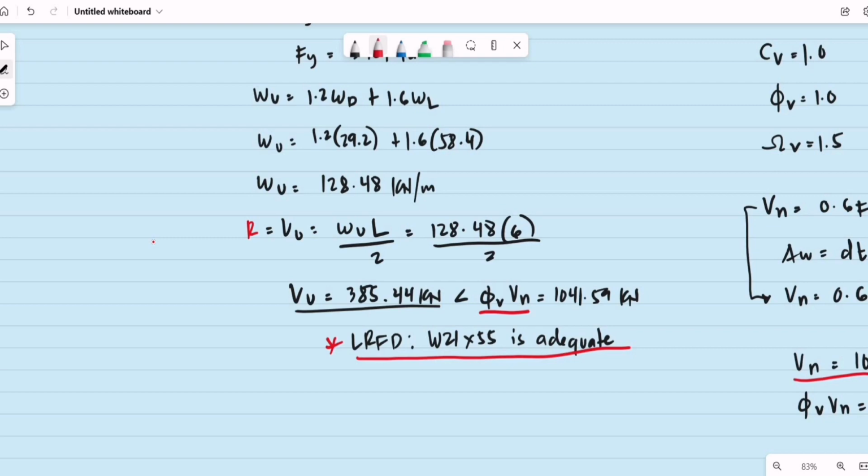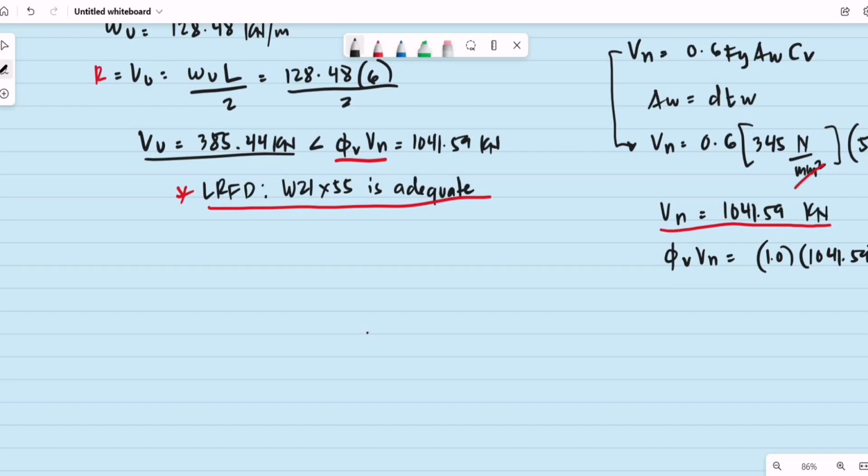So let us check if it is also adequate under ASD. For the ASD, I'll need the value of the allowable shear, that is the nominal shear strength divided by the factor of safety for shear.